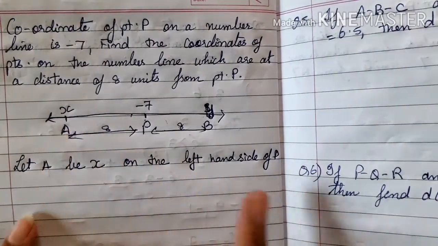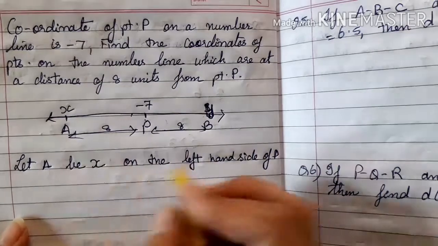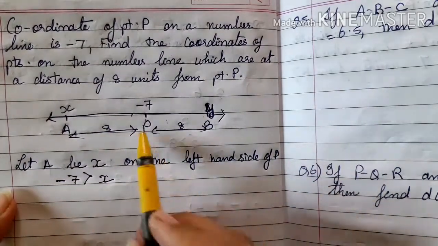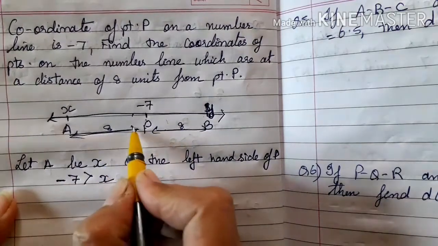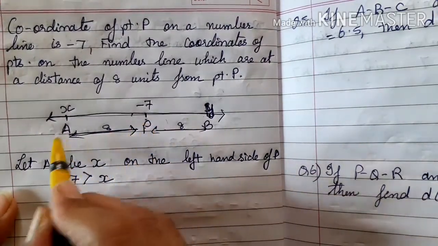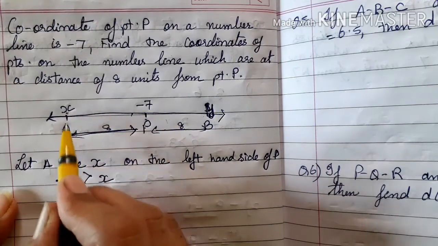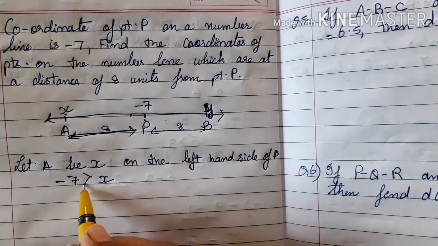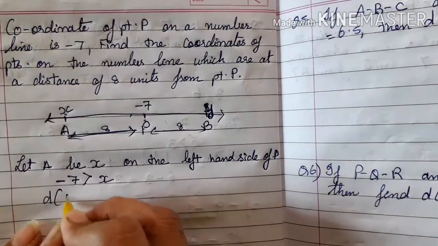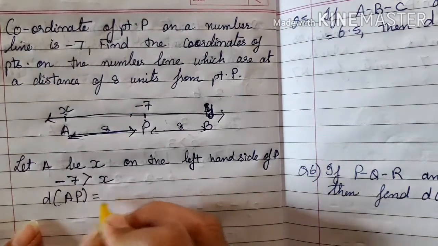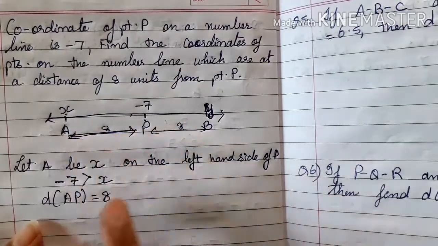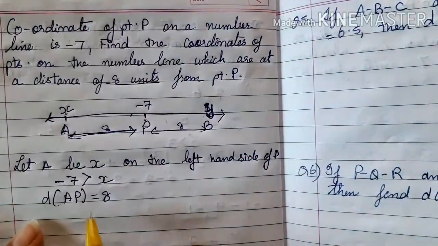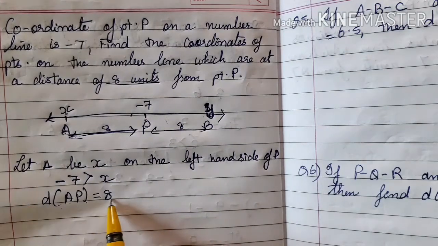After writing this, what we have to state is that minus 7 is greater than x. Why? Because according to the number line, minus 7 is going to be greater than the coordinate that we are going to find of A, obviously from the number line. So minus 7 is greater. Therefore, the distance of AP, we know the distance between the 2 points is supposed to be 8 from the question. 8 units they have said. So the distance AP is supposed to be 8.